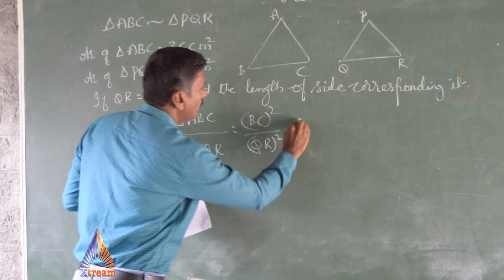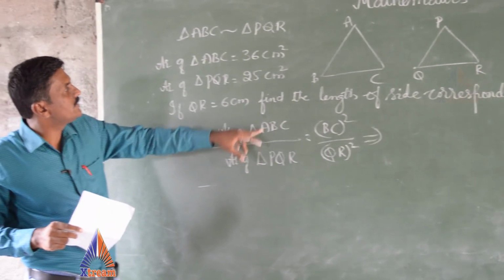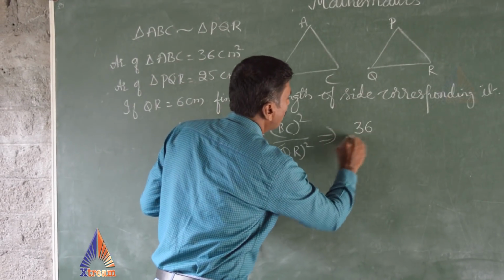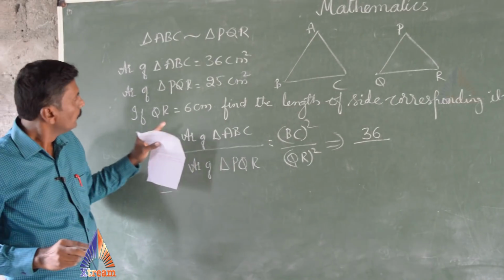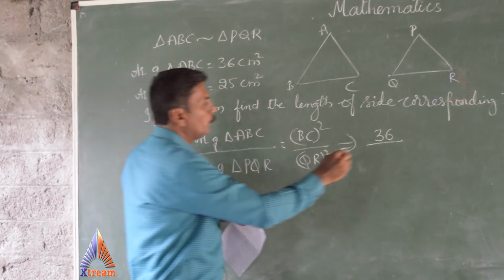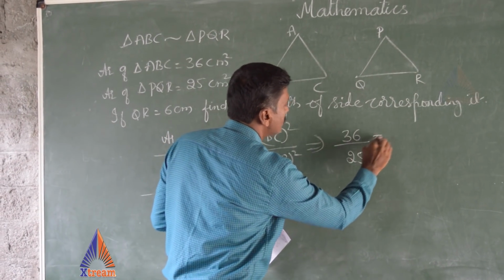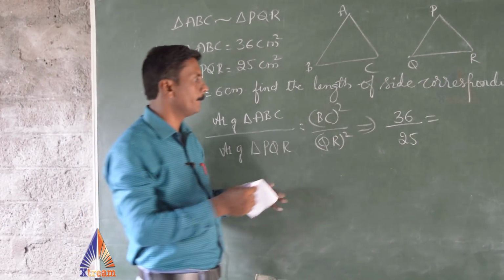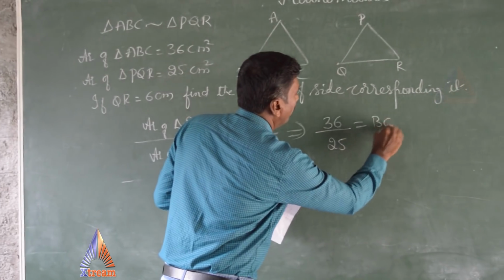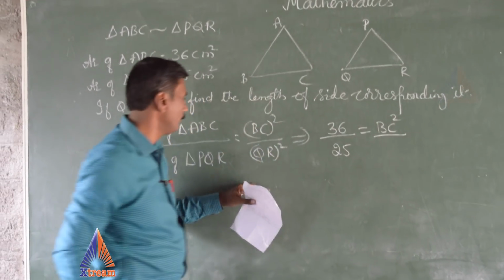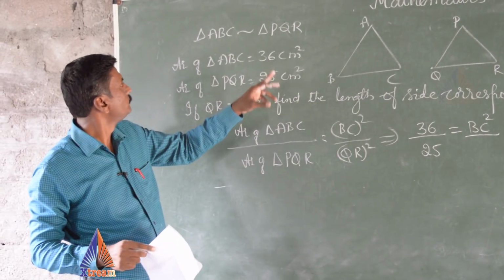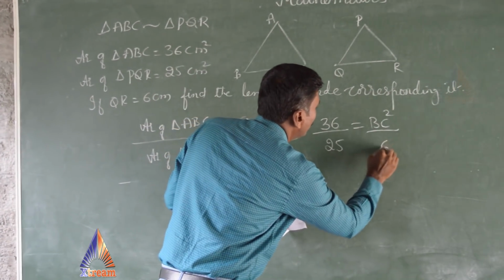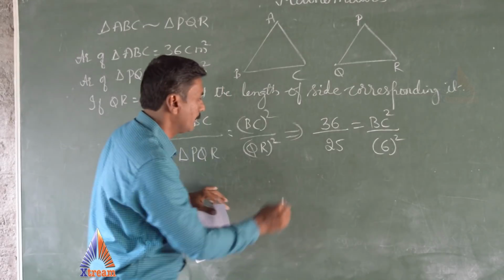Now let us substitute the values. What is the area of ABC? 36 square centimeters by PQR is 25 square centimeters is equal to, what is the length of BC? We have to find BC square by length of QR is 6 centimeters, 6 square.